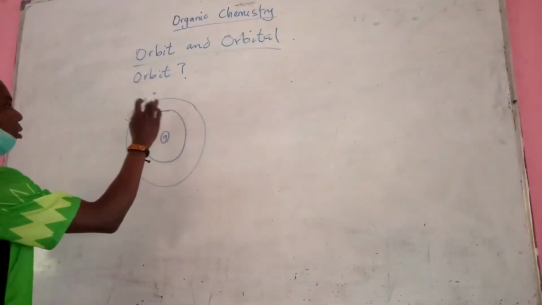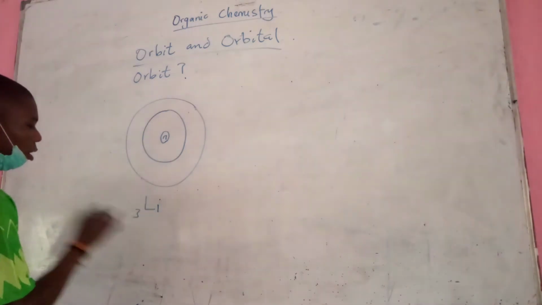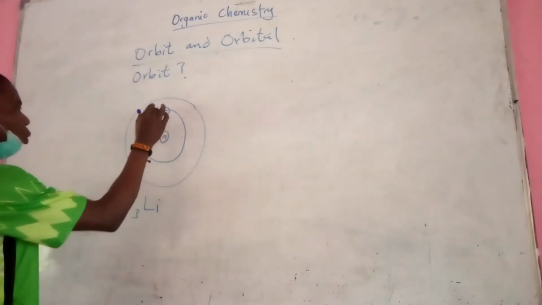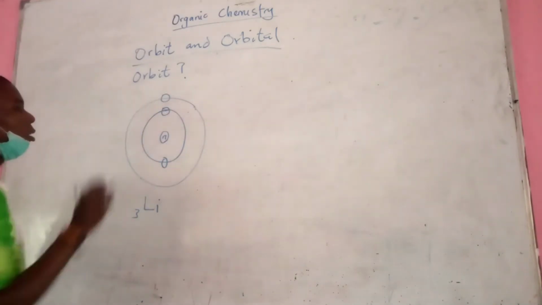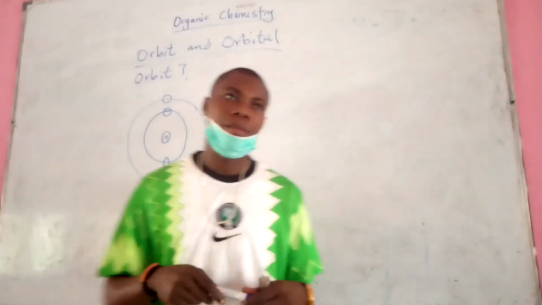While in an atom, let's say this is a lithium atom, and of course lithium has 3 electrons, 2 in the first shell and the last one in the outermost shell.